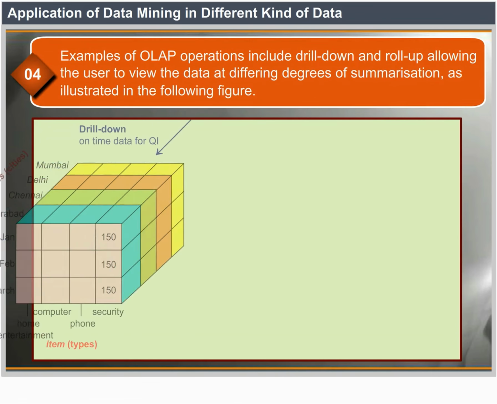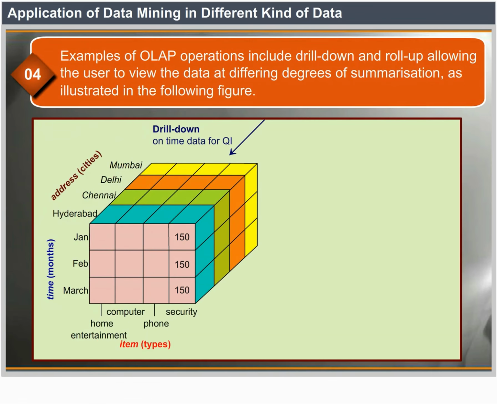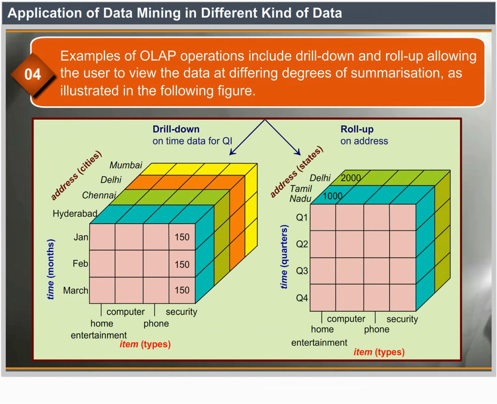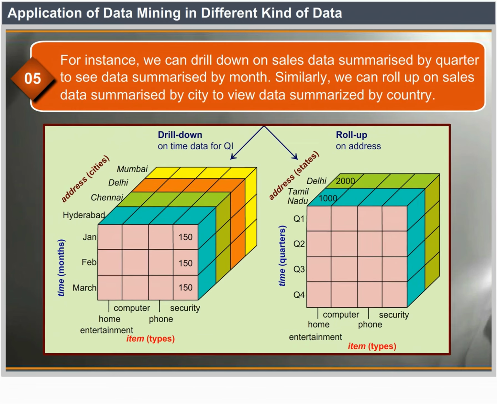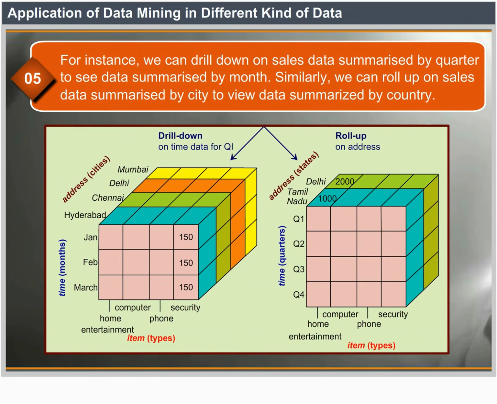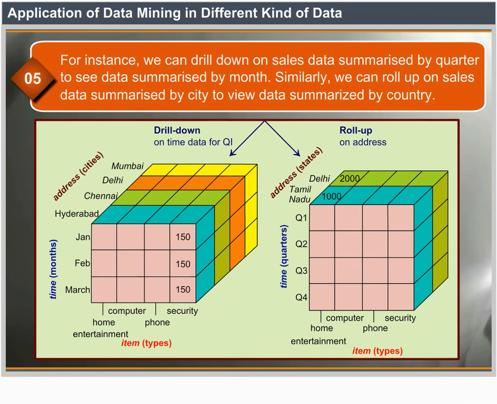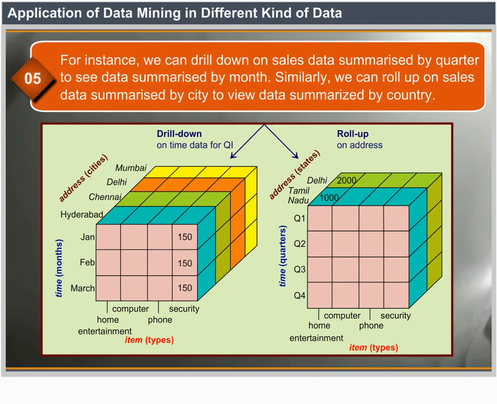Examples of OLAP operations include drill down and roll up, which allow the user to view the data at different degrees of summarization, as illustrated in the figure. For instance, we can drill down on sales data summarized by quarter to see data summarized by month. Similarly, we can roll up on sales data summarized by city to view data summarized by country.